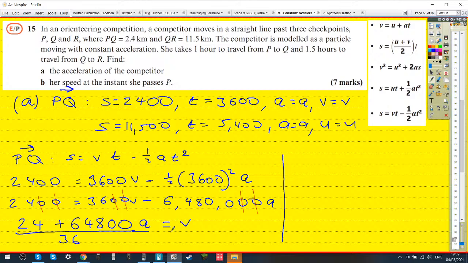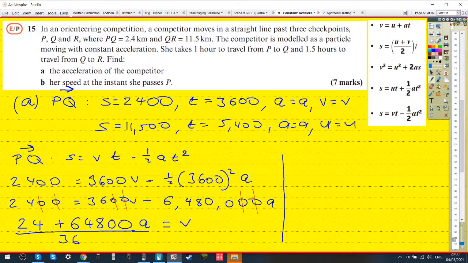Okay, what do we do with the other equation? For the other one, you make U the subject. First just create the equation. Would you use the same equation as before? No, because we have U this time.